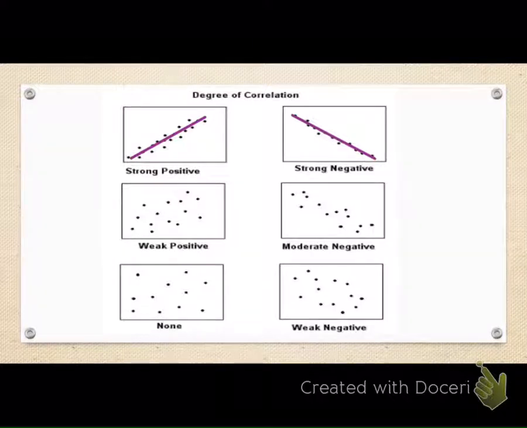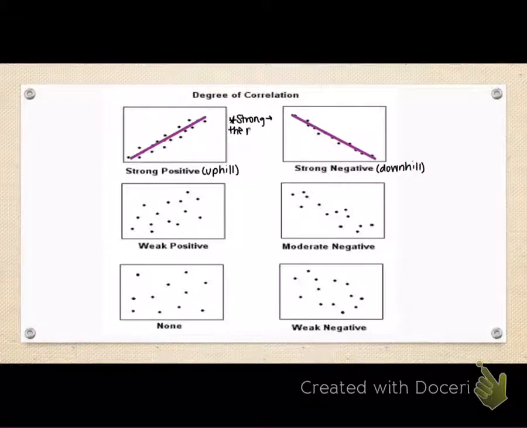Uphill is strong positive, and downhill is strong negative. So for it to be strong, the points are very close to the line.